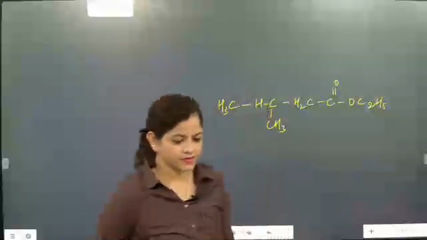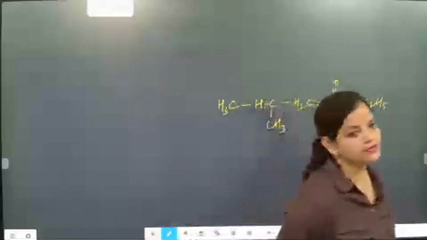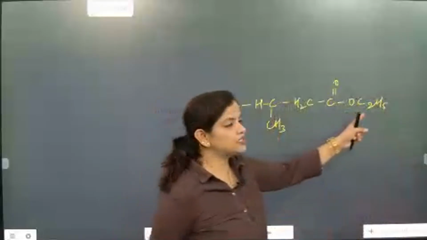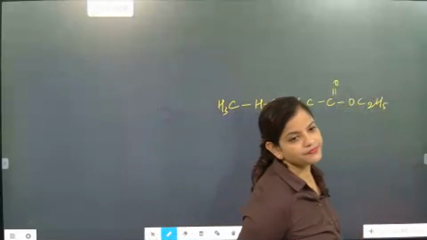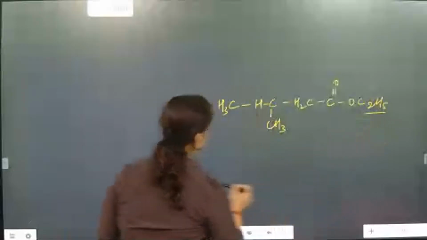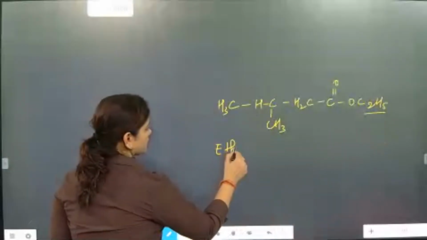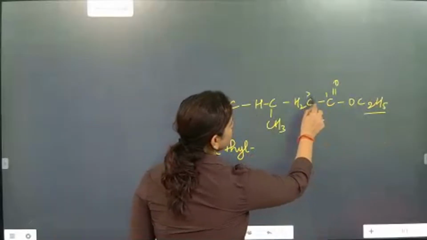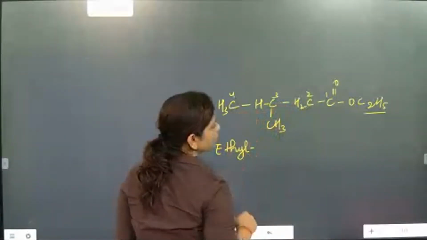Shall we? Ethyl. First, this part is ethyl. After that, ethyl. First, we will finish this section. This is ethyl. Now here, count from here: 1, 2, 3, 4. Understood?